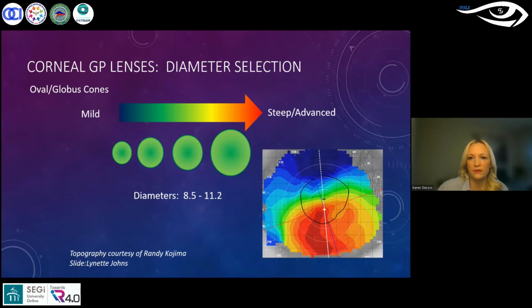The reason for that is because your gas permeable lens is always going to find the steepest part of the cornea. And so if the lens is dropping, then you don't want that patient looking through the edge of the lens, or the gap between the edge of the lens and the optic zone. So if you go bigger, you've got a larger surface area to look through.